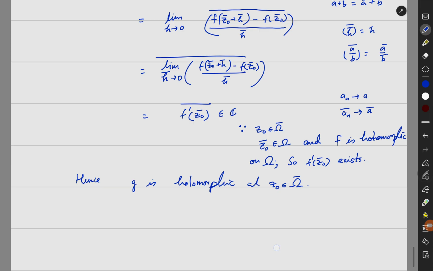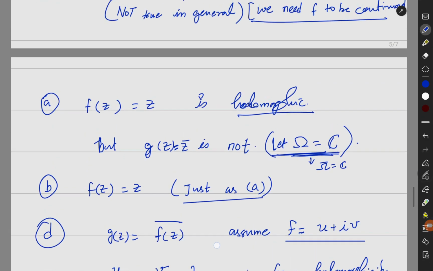So z naught was taken arbitrarily, so G is holomorphic on omega bar. So this third option is also correct.